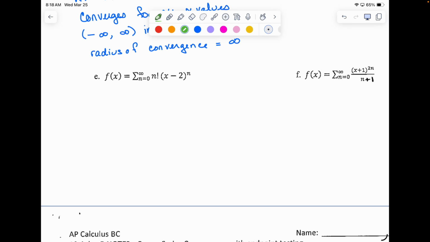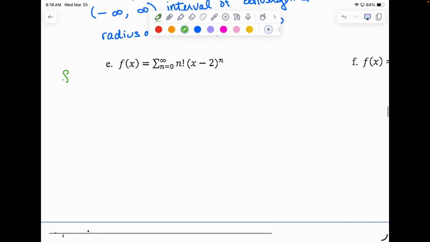So for this one, we expand it out. Our f of x is, when we plug in 0, 0 factorial, do you guys remember 0 factorial equals 1? So we have 1 times something to the 0 power, which is just 1. Second term, we have 1 factorial times x minus 2 to the first power.